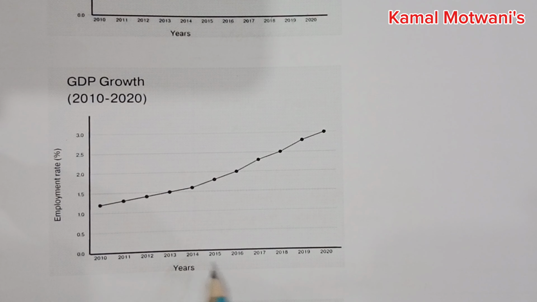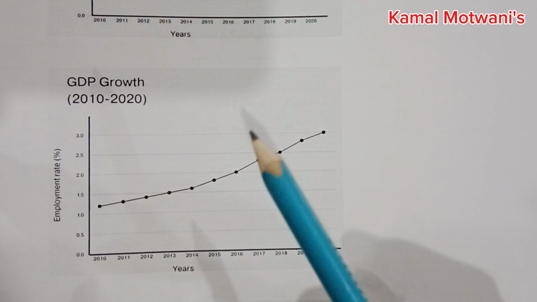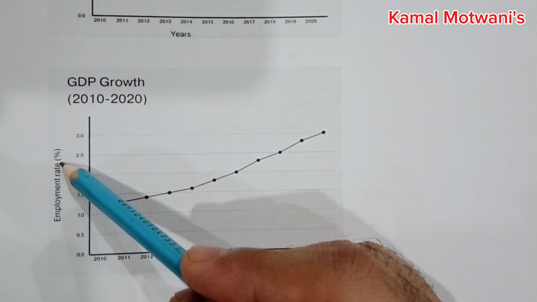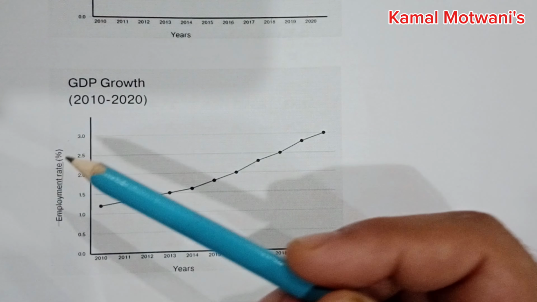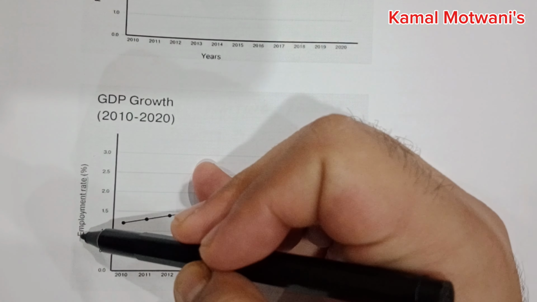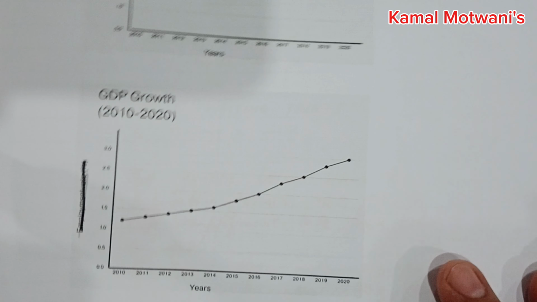Okay, on the x-axis we are given years, and on the y-axis we are given... no, it is not the employment rate here, it is GDP here. So here is a typo error. This is not employment, rather it is GDP growth.